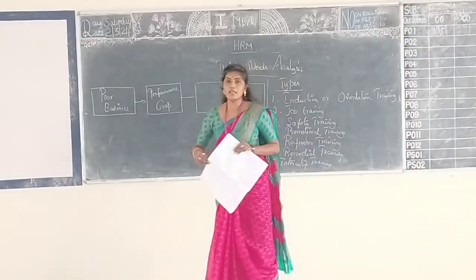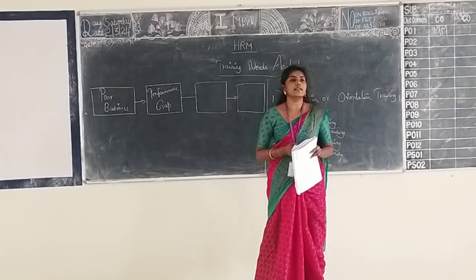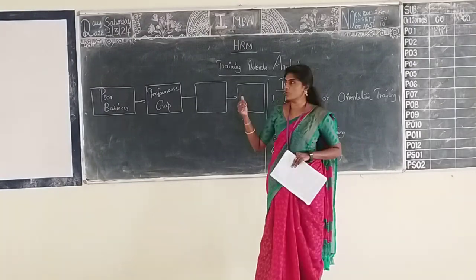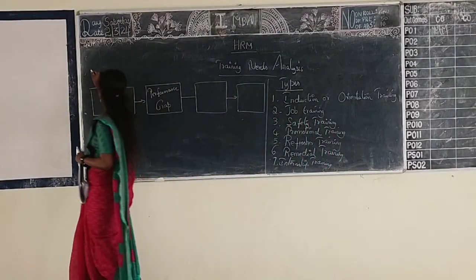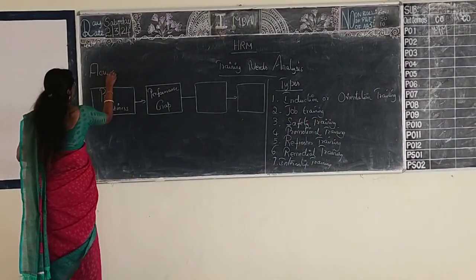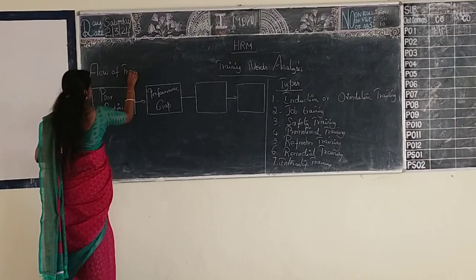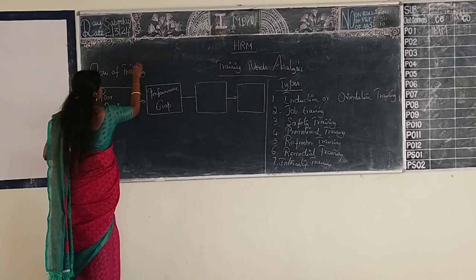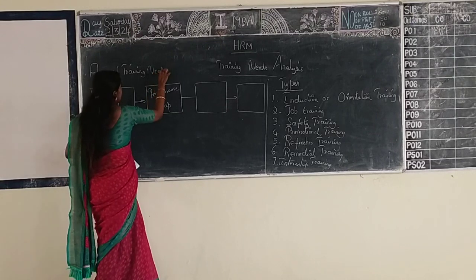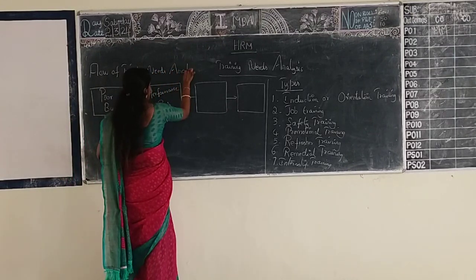So this is the flow of training needs analysis diagram. Write the subtitle, flow of training needs analysis.